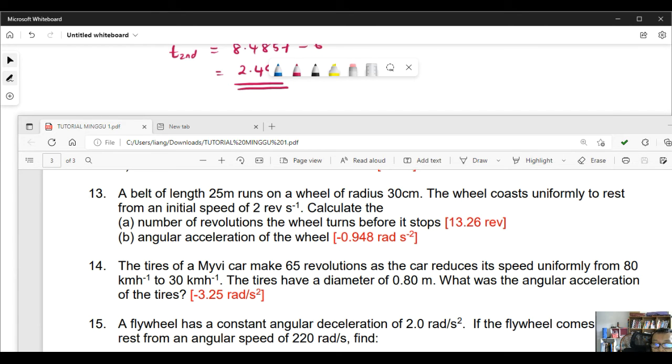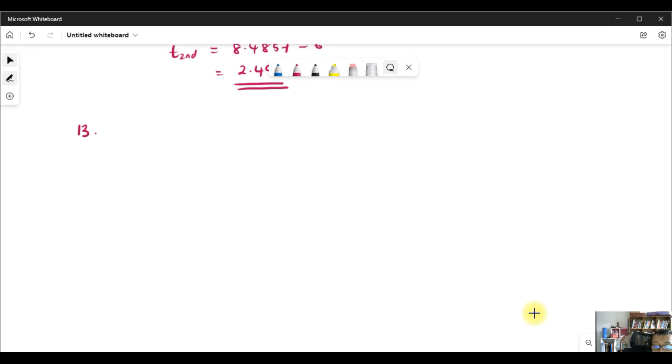For question number 13, a belt of length 25 meter runs on a wheel of radius 30 centimeter. The wheel coasts uniformly to rest from an initial speed of 2 rev per second. Calculate the number of rev the wheel turns before it stops. So you have a wheel.